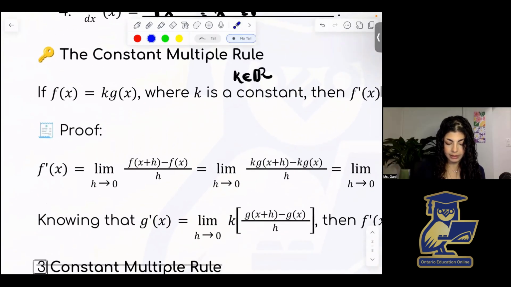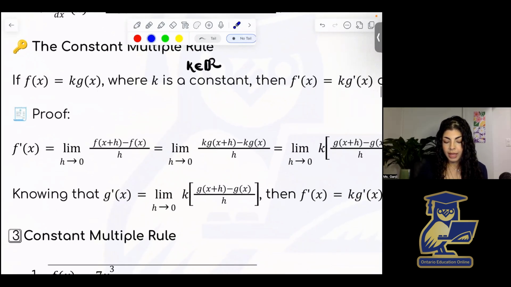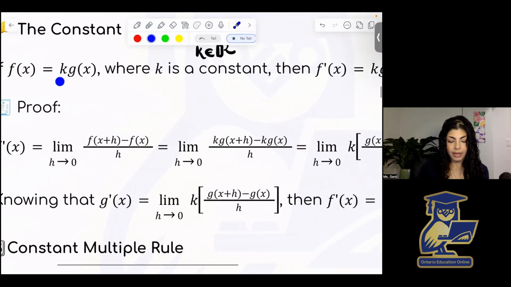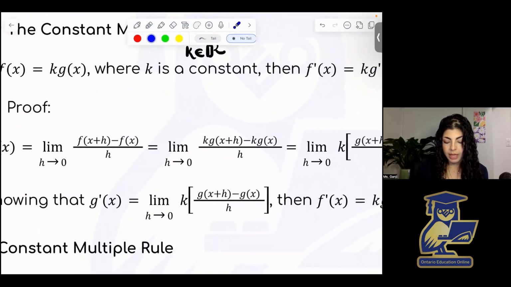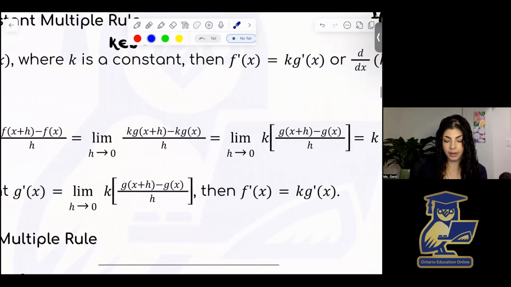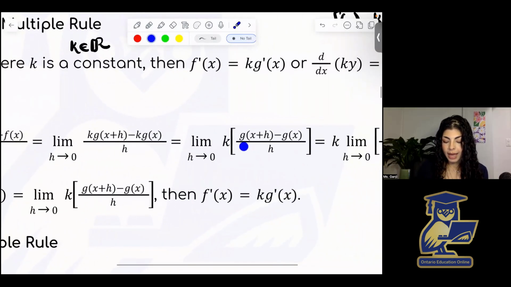Now the proof of this one's a little simple as well. If you start with your definition of a derivative based on the limit, then substitute that f of x is k times g of x. Here we have k times g of x plus h and k times g of x. But here I can just factor out the k, and this has to do with my limit rules as well. And then I have g of x plus h minus g of x over h.